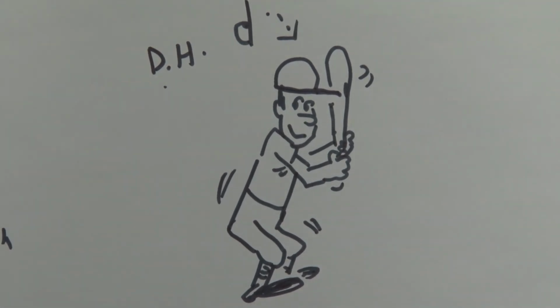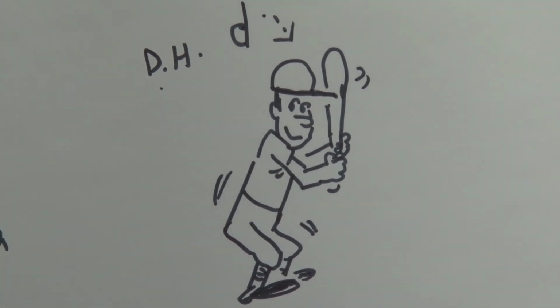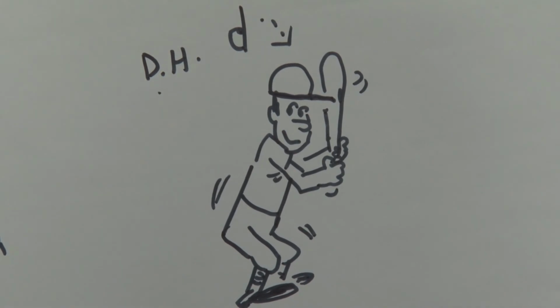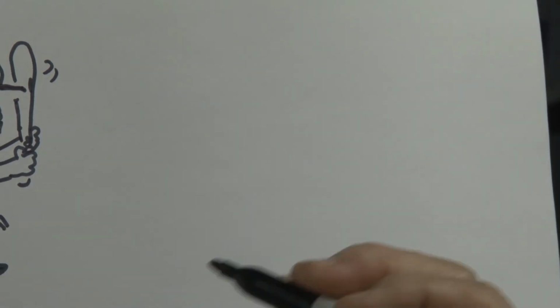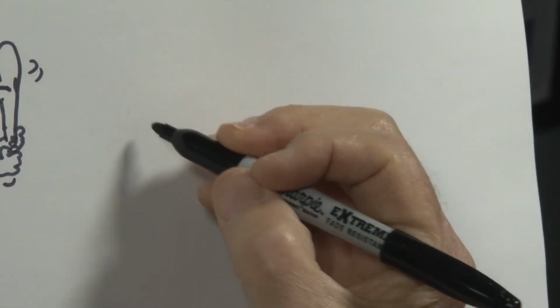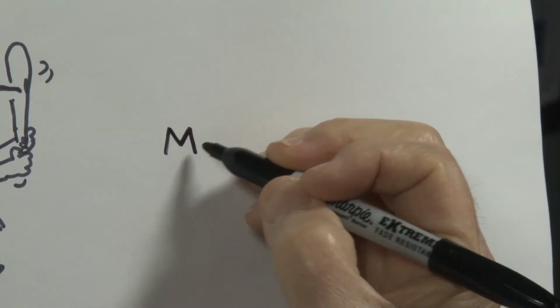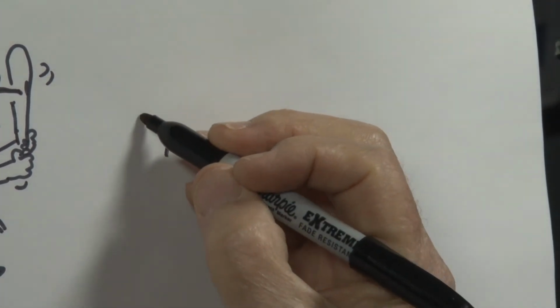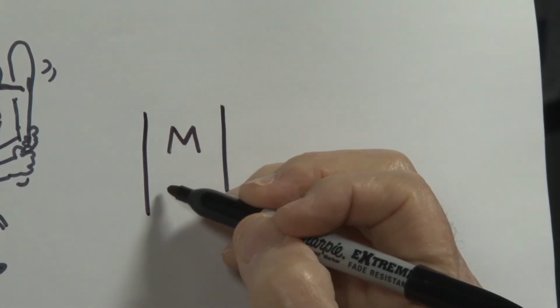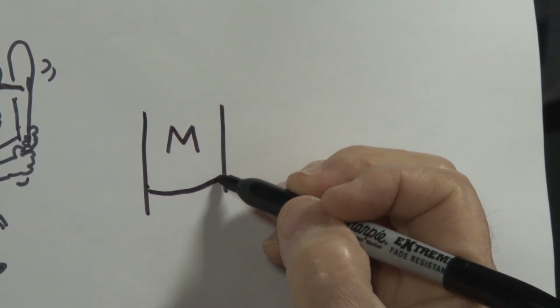Well, there's another H, the third and final H in this series. It's MH is the correct order. So I'll put the M right there, and I'll put a rather large H. What on earth could be made of that?